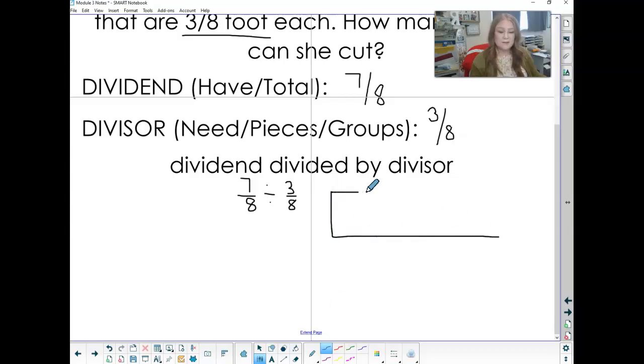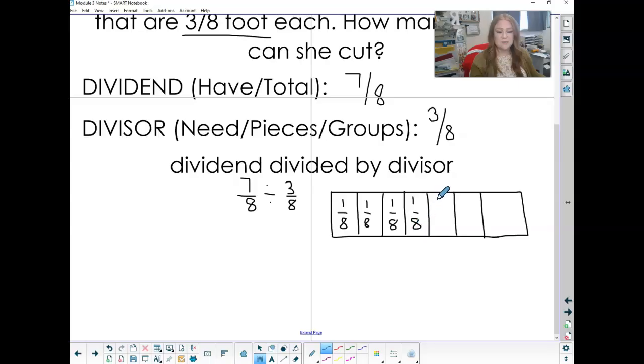So let's take a second and draw that out. Let's go ahead and just draw this ribbon here. So we have 1/8, 2, 3, 4, 5, 6, 7. So 1, 2, 3, 4, 5, 6, 7. And these are each an eighth. Go ahead and make sure you're drawing this with me. Each of these is representing 1/8 of a ribbon, and together we have 7/8 of them.